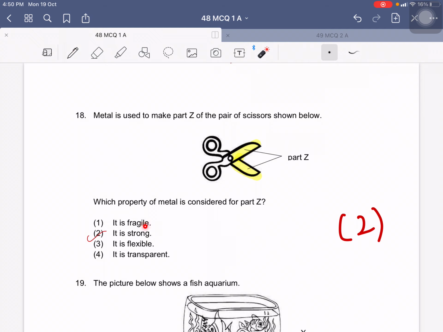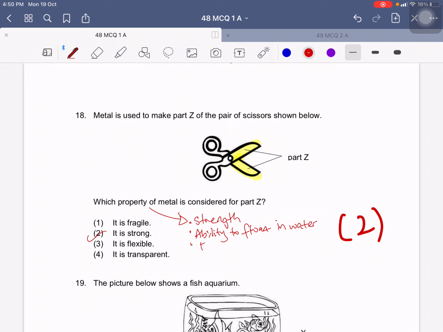Now, of course, when we talk about property, some of the properties you should be thinking about are your strength, ability to float in water, and the flexibility, and ability to let light pass through, and ability to absorb water.